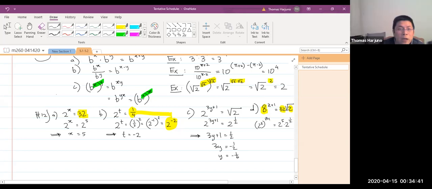Okay, maybe I write it as a property there. The nth root of b is equal to b to the power of 1 over n. So then here I will get 2 to the power of 3z plus 3 equals 2 to the power of 11 over 2, when I add 5 and 1/2.